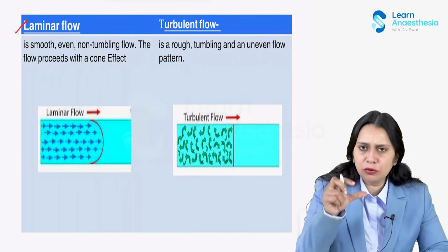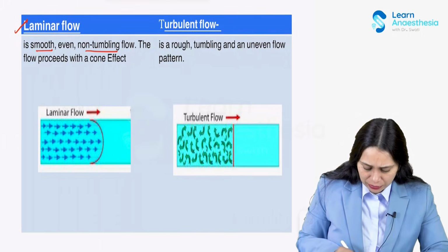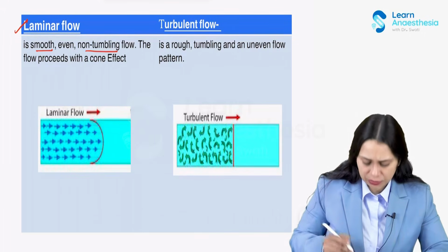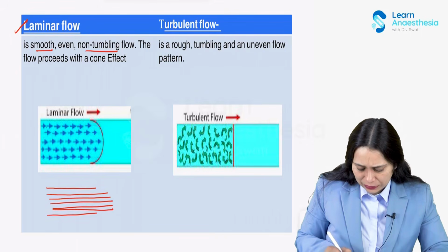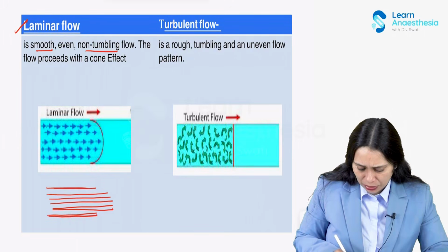The laminar flow is smooth, even, non-tumbling flow, which flows in a conical pattern. What do I mean by this? Conical pattern means the middle part of the flow of the liquid or the gas reaches the destination before the side part of the gas is reaching.